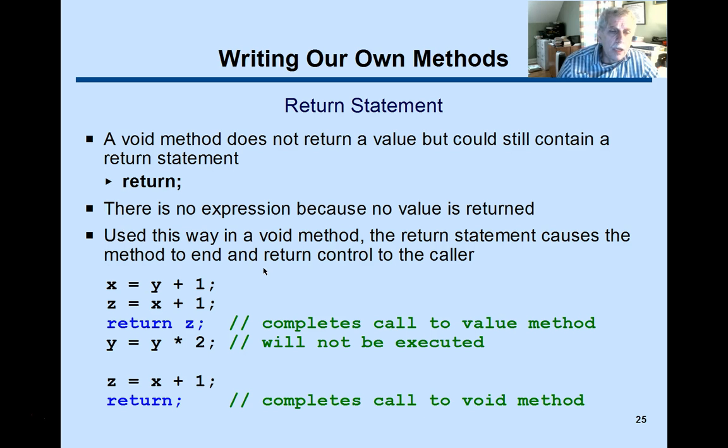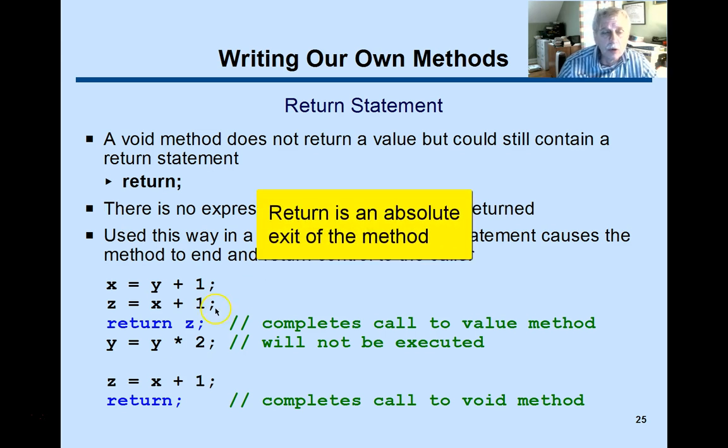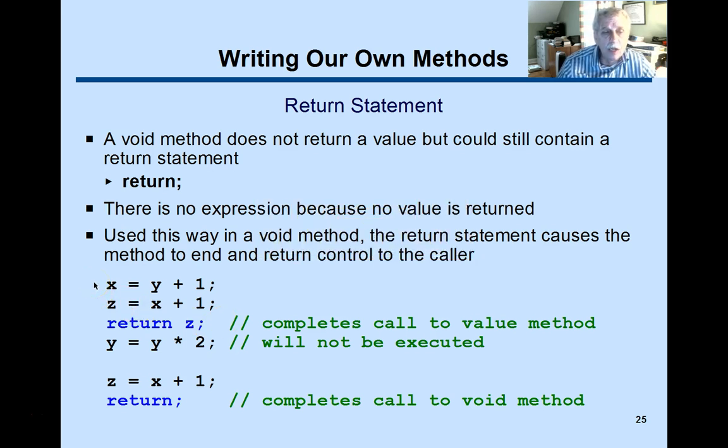Now, the return is kind of absolute. Once a return is executed, if sequentially there are any statements that follow the return statement, that code is said to be unreachable. They cannot be executed because the return is an absolute exit of the method. So if we were to include in our program an assignment statement, another assignment statement, a return statement, and follow that with yet another assignment statement, and all of that code was in the body of a method, it wouldn't make any sense.